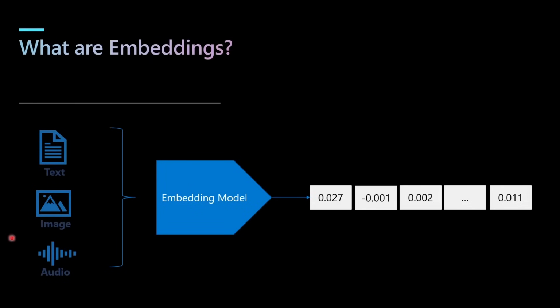I want to highlight as well that the vectors here are not random. They're carefully structured and curated such that the distance and the direction between them represents some semantic relationship.